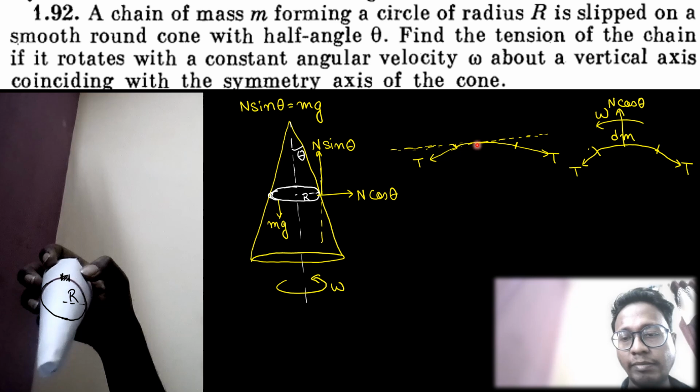And this line is nothing but tangent along the topmost part of the ring. Okay. So if I say this angle to be alpha, okay. If I draw a line that is connected to the center of the circle.